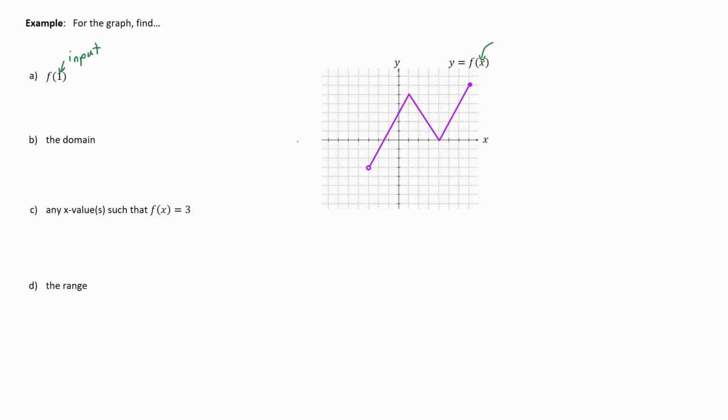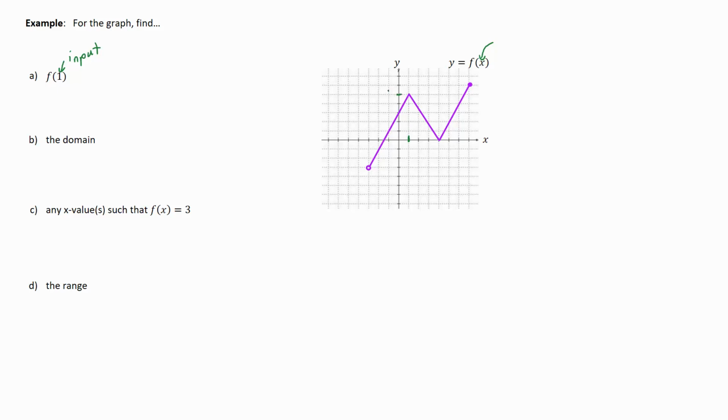Well, you go on the x-axis or the horizontal axis. It doesn't have to be called x. You go to a distance of 1 from 0. So you go over to 1 right here. And then you want to find the output value that goes with an input value of 1. So go up to the graph in this case. 1, 2, 3, 4, 5.